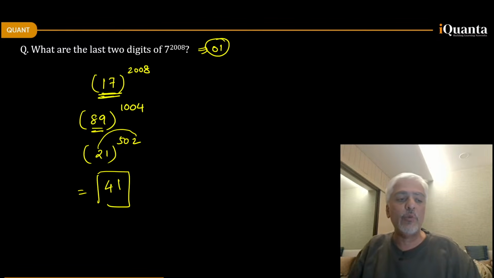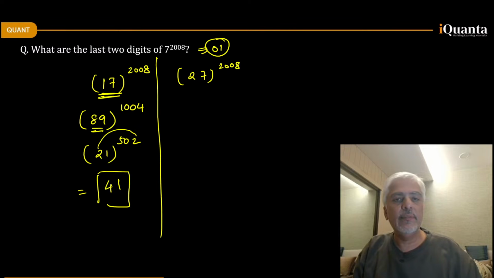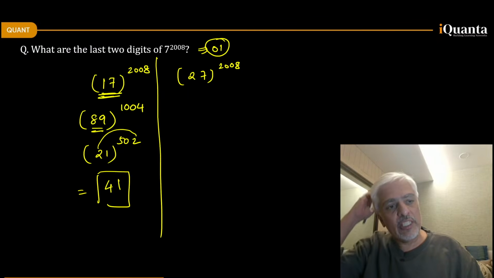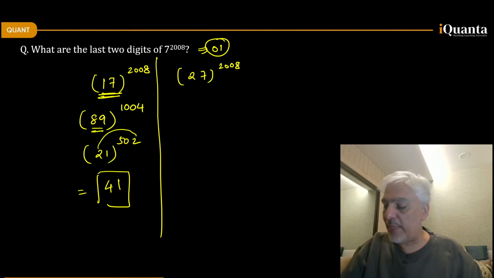Do you all want to practice one more of this type, or have you all understood? Suppose if it was 27, I think the answer would be something else. What is 27 square? 729.